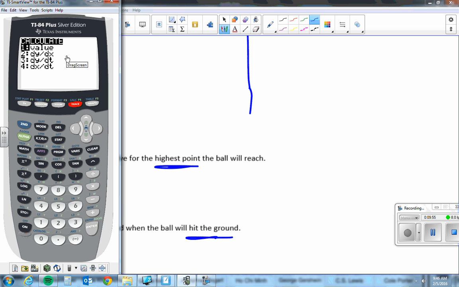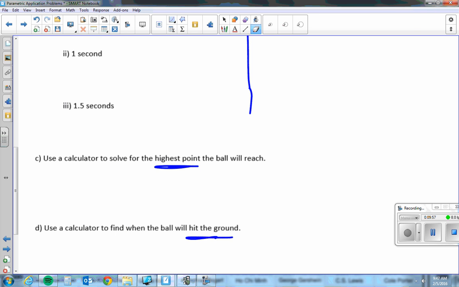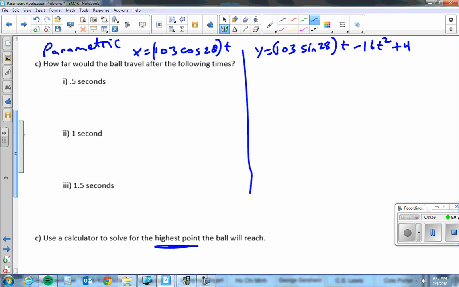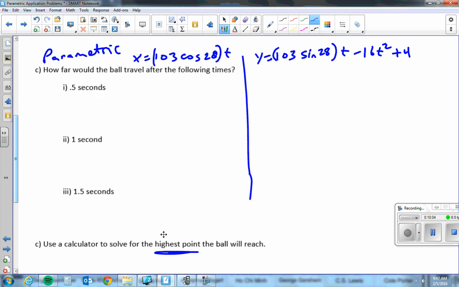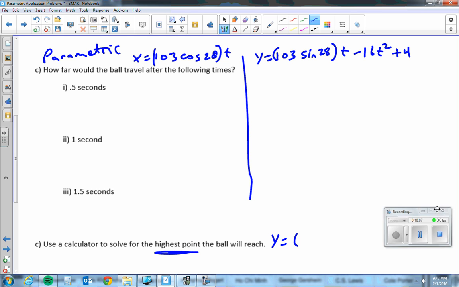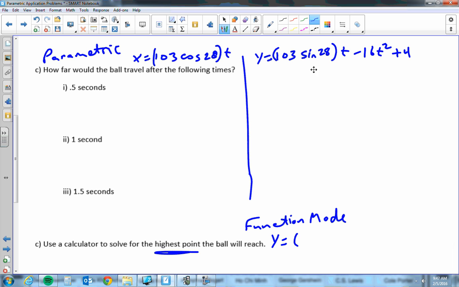So I'm saying for this part here, for part C and D, what you're going to do is take your vertical equation and type it in, but you're going to type it in as a y equals x equation. You're going to go into function mode, and you're going to take this equation and type it in, like I said.